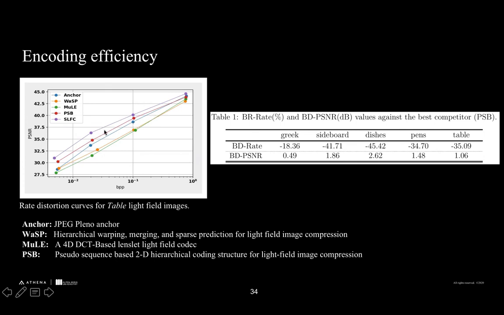Considering PSP as the best competitor for all light field images, the bitrate reduction of SLFC compared to PSP is given in this table, and you can see that SLFC can gain up to 45% bitrate reduction compared to PSP.